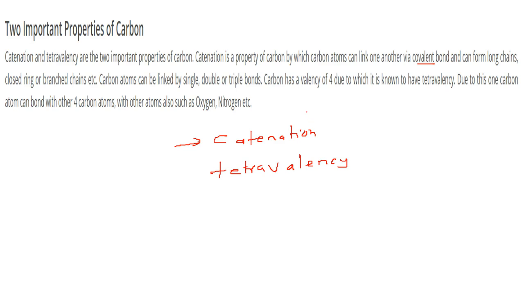Carbon atoms can be linked by single, double, and even triple bonds. Carbon has a valency of 4, because of which it is known as possessing tetravalency. Due to this, one carbon atom can combine with 4 other carbon atoms, or with other atoms such as oxygen, nitrogen, etc.